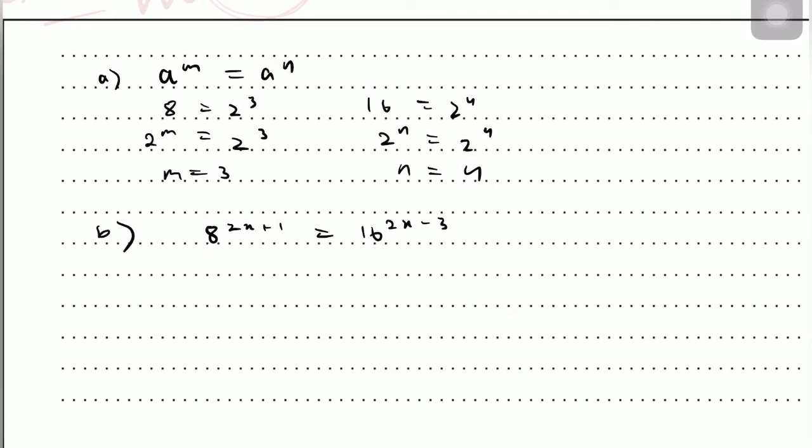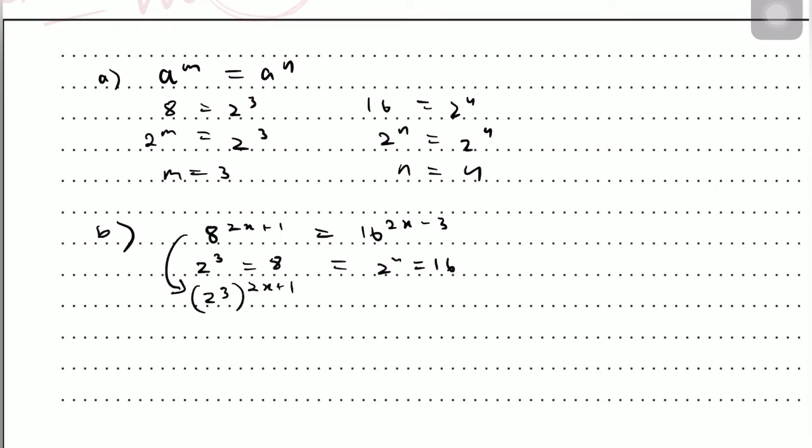So using part A, we can rewrite 8 as 2 power 3, and 16 can be written as 2 power 4. So (2 power 3) to the power 2x plus 1. I've just rewritten this side using this as the base.